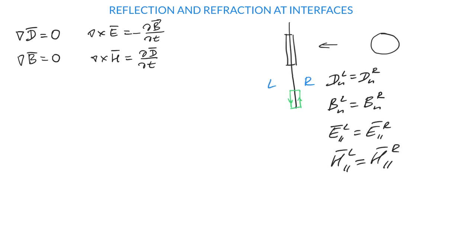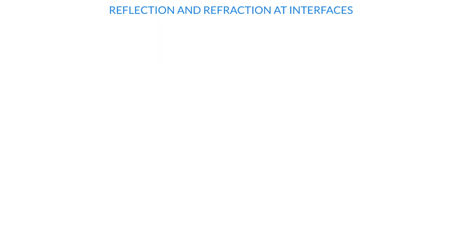Using the Stokes loops in two orthogonal orientations will show that both parallel components of E and H have to be continuous. We will make explicit use of the tangential components, and the normal components will in fact be continuous automatically.